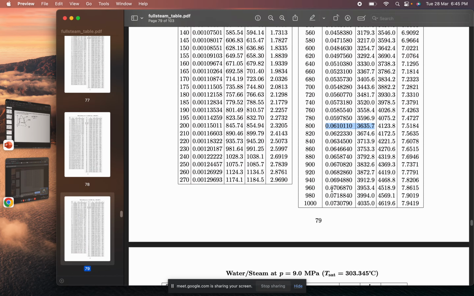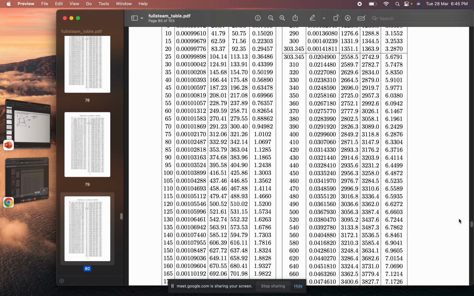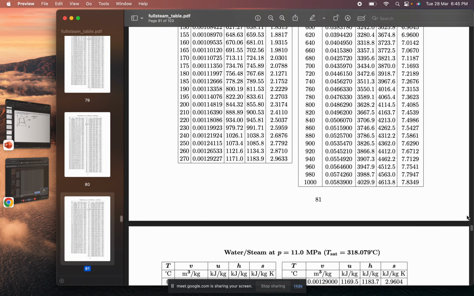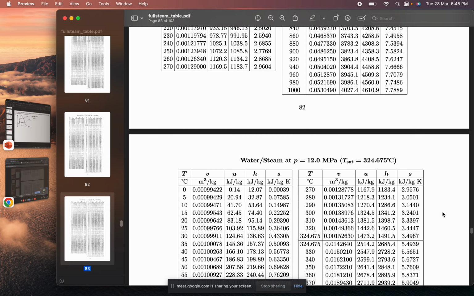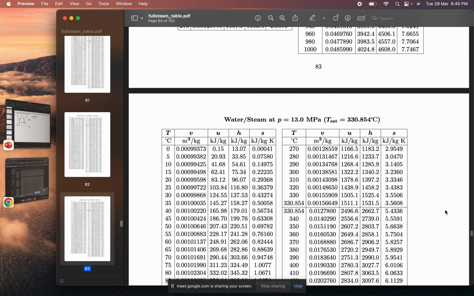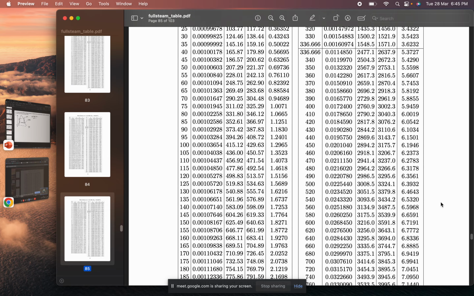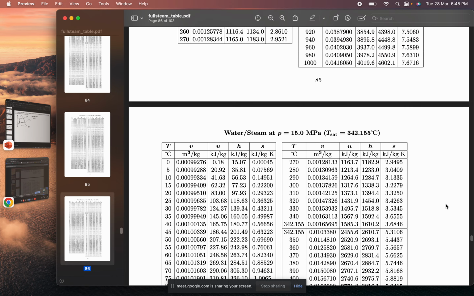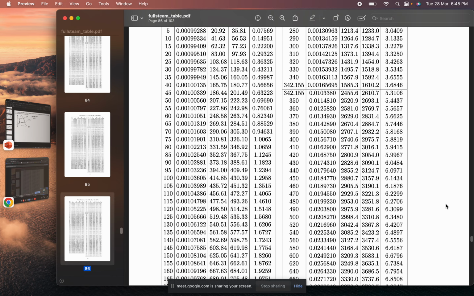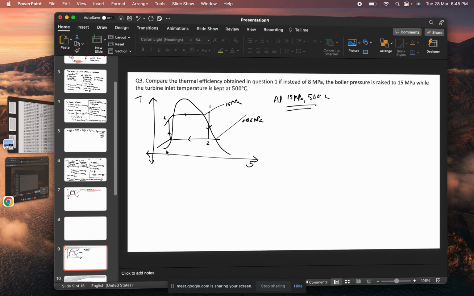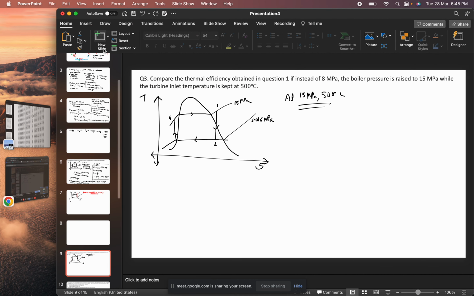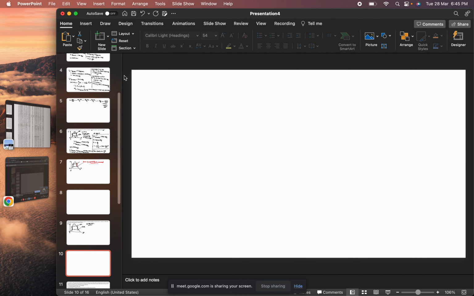So this is your 8 megapascal, 10, 11, 12, 13, 14, then 15 megapascal, and at 15 megapascal go to 500 degrees Celsius. Okay, so at 15 megapascal and 500 degrees Celsius, let me put 2 new slides.